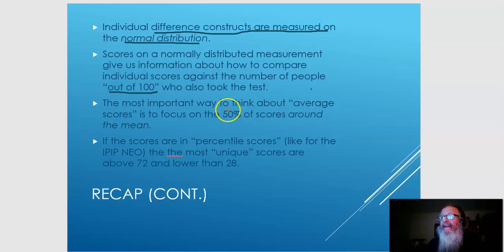The most important way to think about average scores, and when we're talking about individual difference scores, is to focus on the 50% of scores around the mean rather than the 50% above or the 50% below.